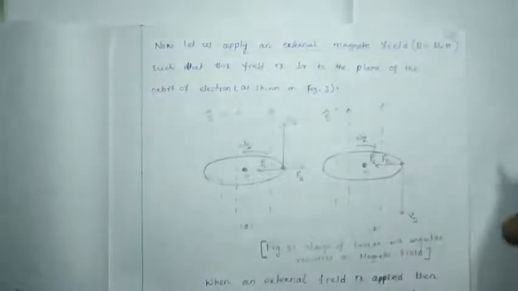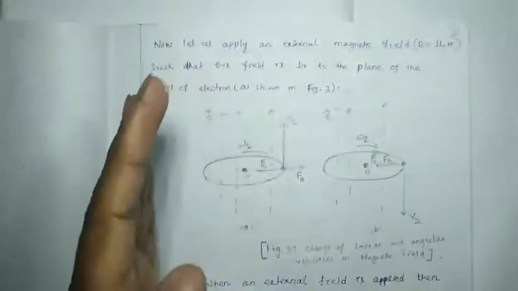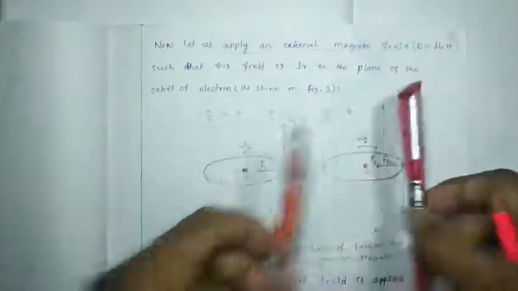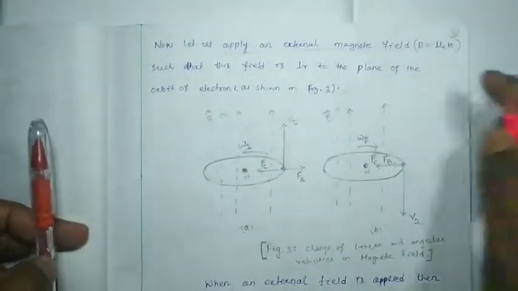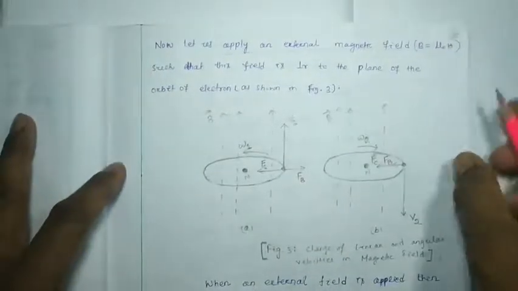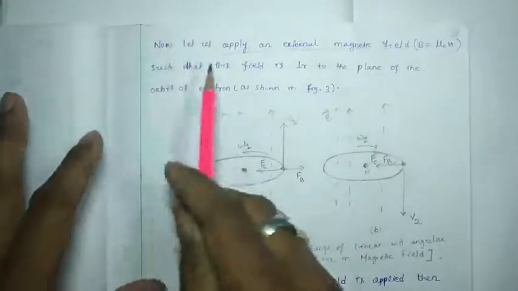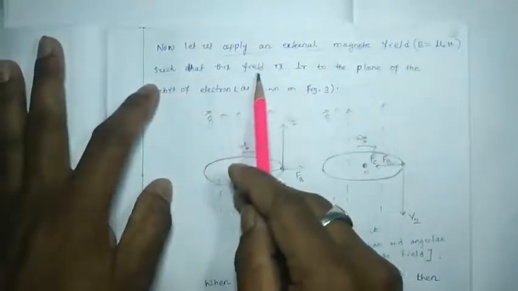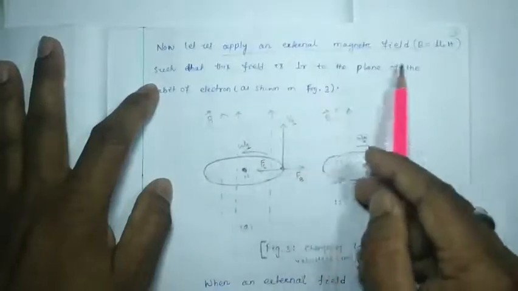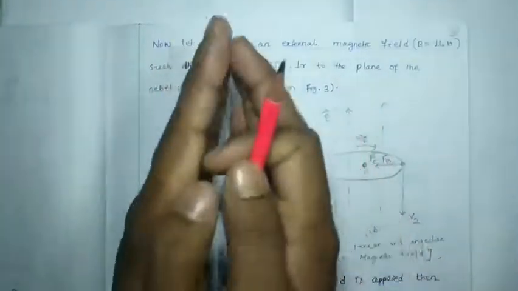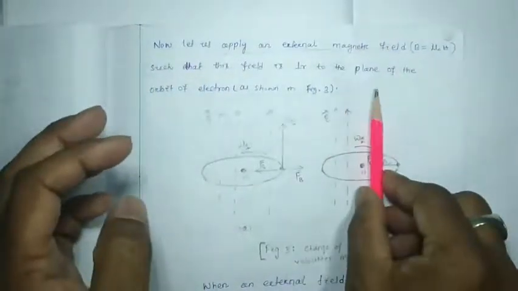Whenever we apply a magnetic field towards this side, what is going to happen to the angular momentum and velocity? Let us apply an external magnetic field perpendicular to the plane of orbit. This is the plane of orbit, and we are applying the magnetic field perpendicularly.